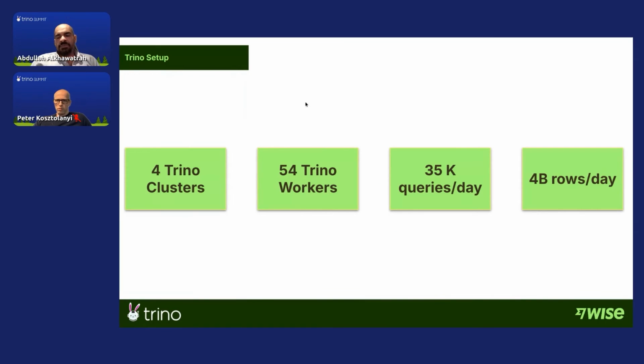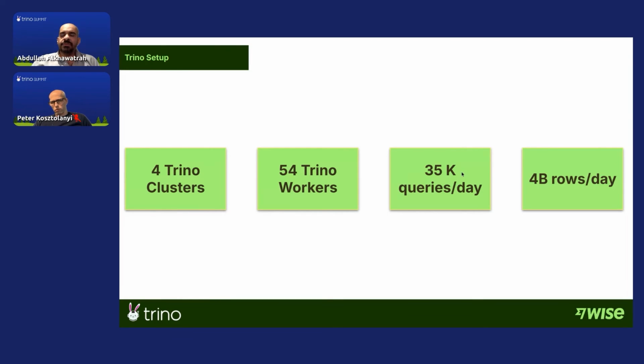We are still in the pilot phase, so only a small part of the workload has switched to Trino. We currently have 4 Trino clusters running over staging and production. Both clusters have a total of 54 workers now, but this changes up and down based on the usage on the cluster.